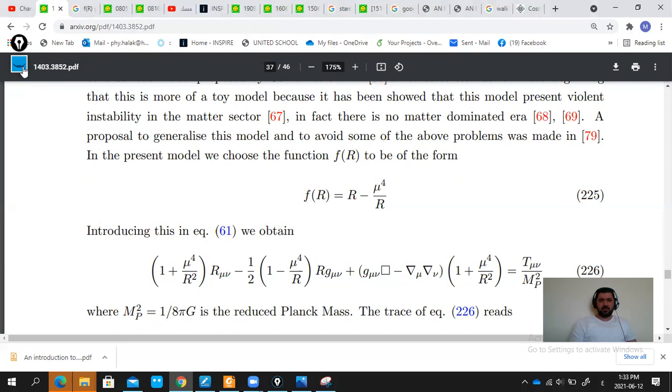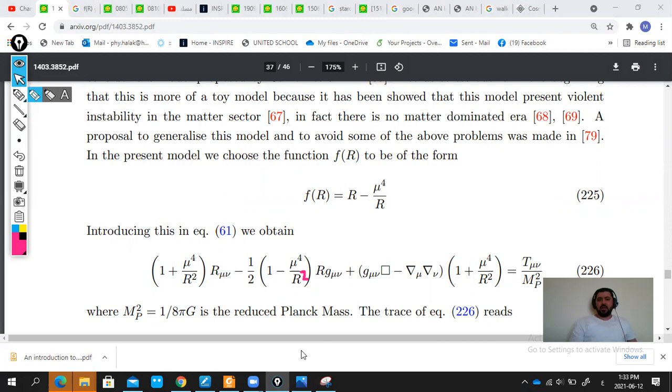We need to cancel this R, wait, no, here we should have R squared. If we want to take R out of this, it should be R squared.